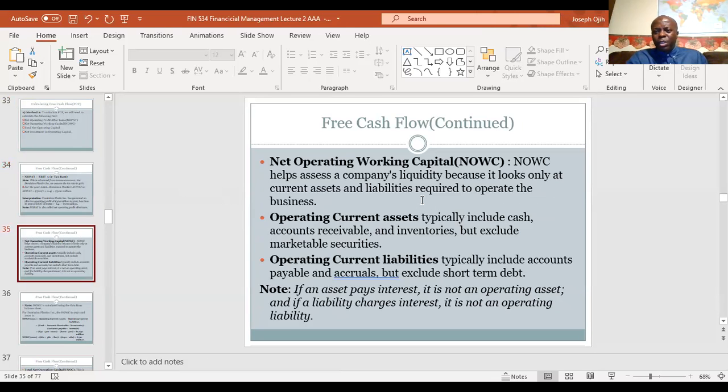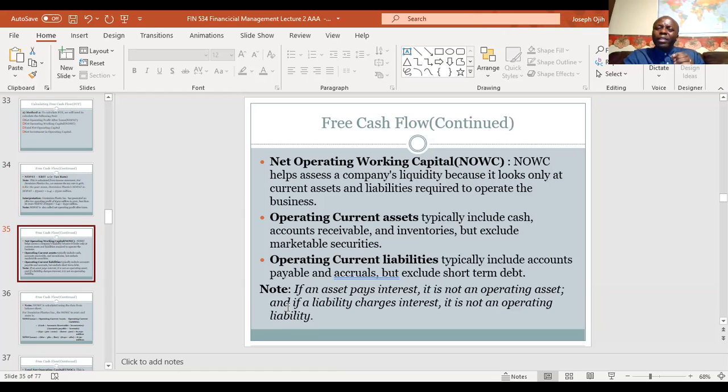We use it to assess the company's liquidity. We get it by subtracting current liabilities from current assets. In my previous lecture, I explained that current assets are assets that can be easily converted into cash, and current liabilities are liabilities that are due within 1 year.